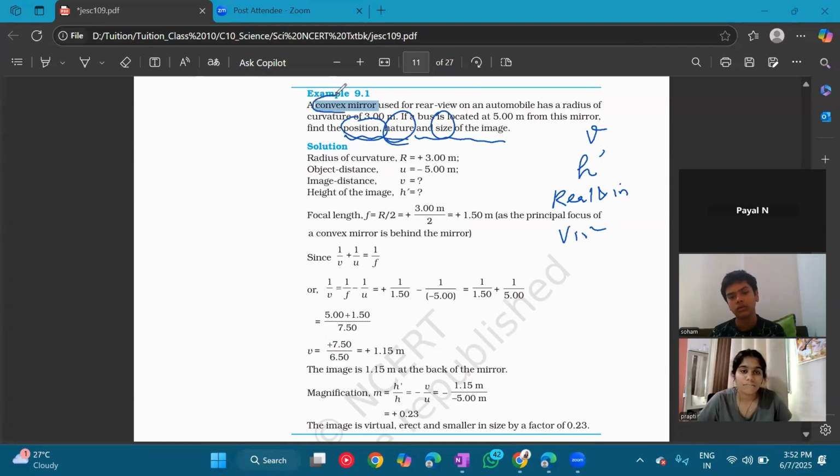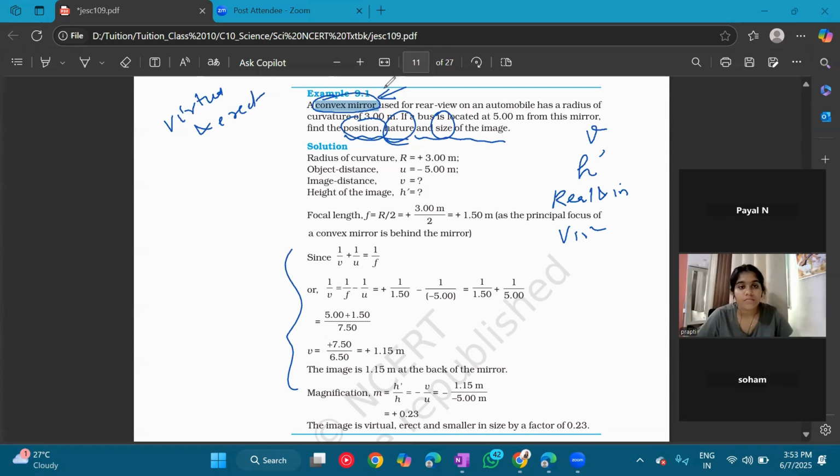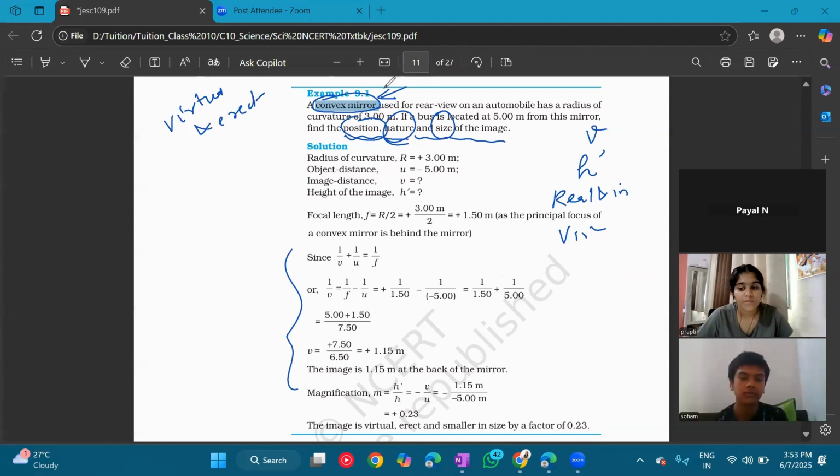अभी हमारे ये वर्ड जो है कॉन्वेक्स मिरर इटसेल्फ बताएगा कि वो मिरर इमेज कैसी होगी, वर्चुअल एंड इरेक्ट। भले अगर तुम्हारे यहाँ पर गड़बड़ होगी, समझ में नहीं आ रहा है, लेकिन कॉन्वेक्स मिरर के बारे में तो हम पढ़ के जाएंगे ना एग्जाम में। तो वो तो हमें पता है कि कॉन्वेक्स मिरर जब भी दिया जाएगा तो जो इमेज बनेगी वो हमेशा कैसे बनेगी, see here the h dash value, ना I have not even solved it, but I know कि कॉन्वेक्स मिरर अगर है तो ऑब्जेक्ट की हाइट जो भी होगी, ओके, ऑब्जेक्ट की हाइट से ये हमेशा क्या होगी, वैल्यू कम होनी चाहिए, इमेज की हाइट कम होगी। I know this before I solve my question, that this will be a virtual image, virtual and an erect image.